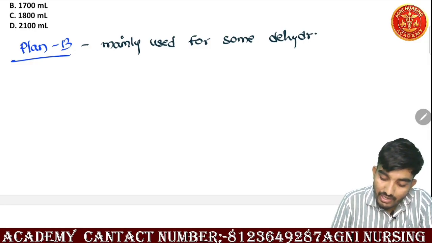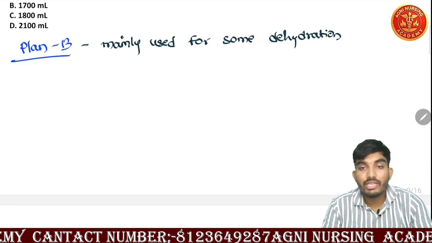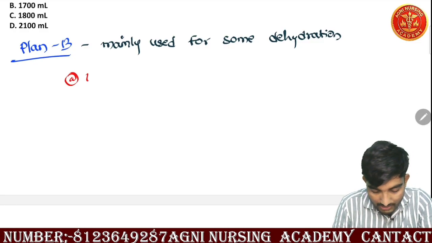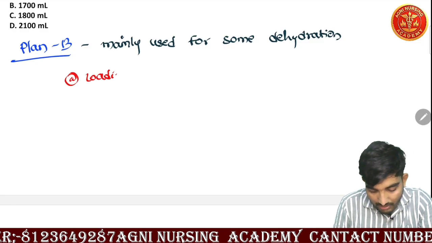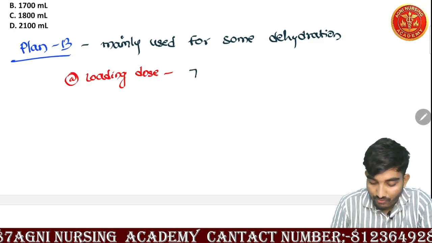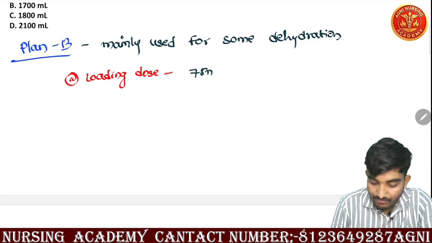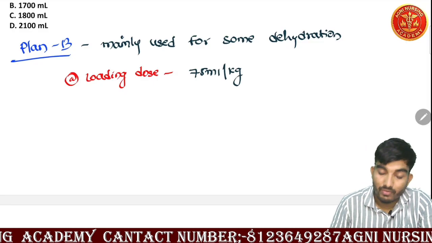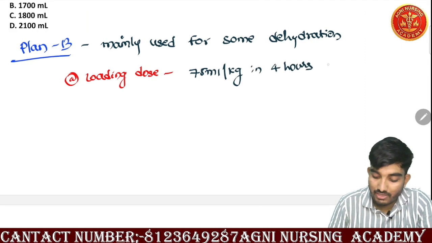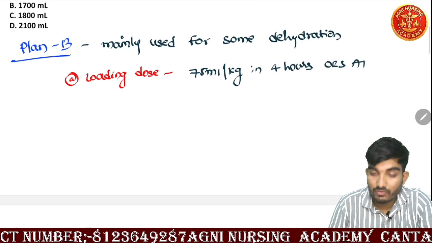In this type of dehydration, we give a loading dose for the dehydrated child. The loading dose is 75 ml per kg in 4 hours. ORS is administered.